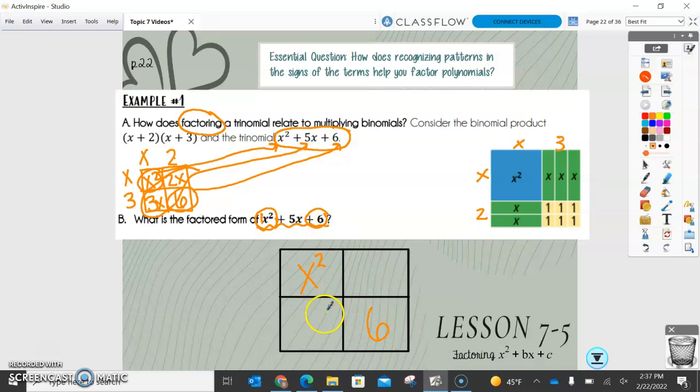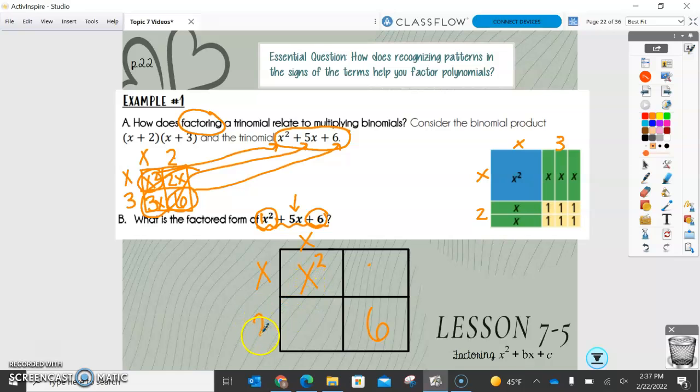I have 2 boxes left, and I want to make 5 x's go in there. Now, you could put a 1 and a 4, or a 2 and a 3, maybe 0 and 5. It's kind of like thinking of them as toys. You want to have these 2 toy boxes filled with a total of 5 x's. We know these outsides are going to be x times x to make x squared.